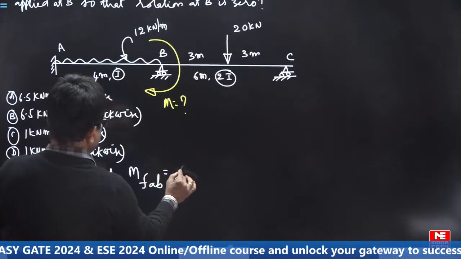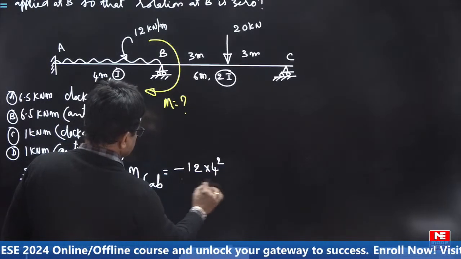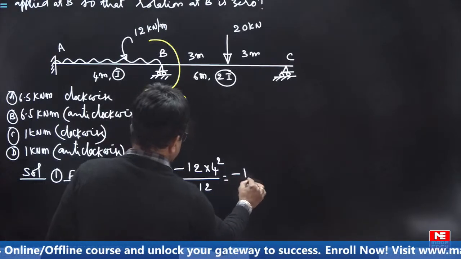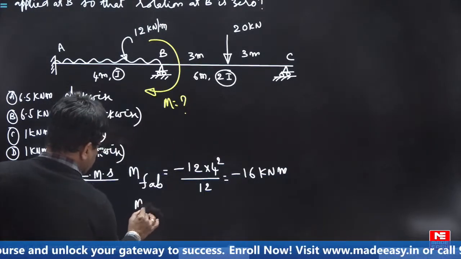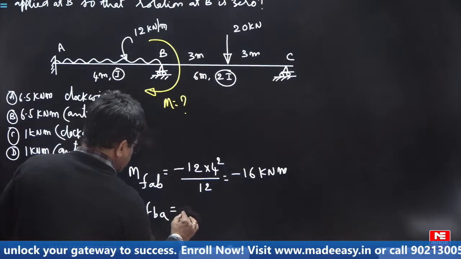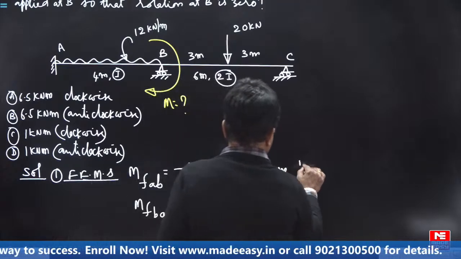So you will get MFAB equal to minus WL square by 12, which is minus 16 kilonewton meter. MFBA you will get plus 16 kilonewton meter.